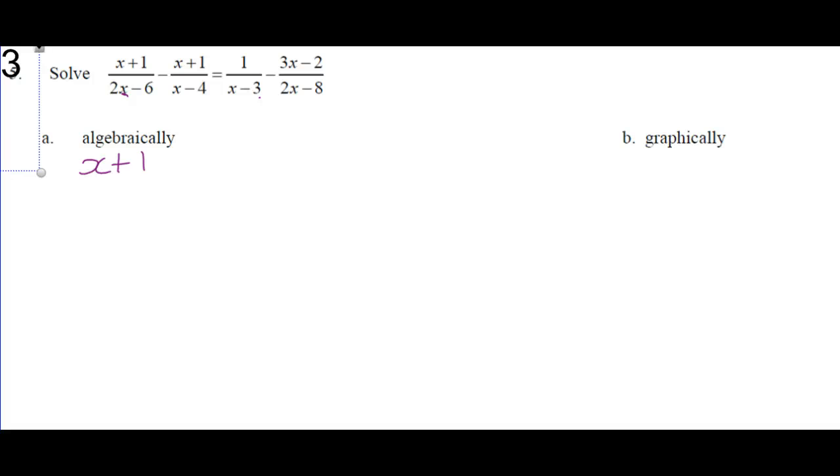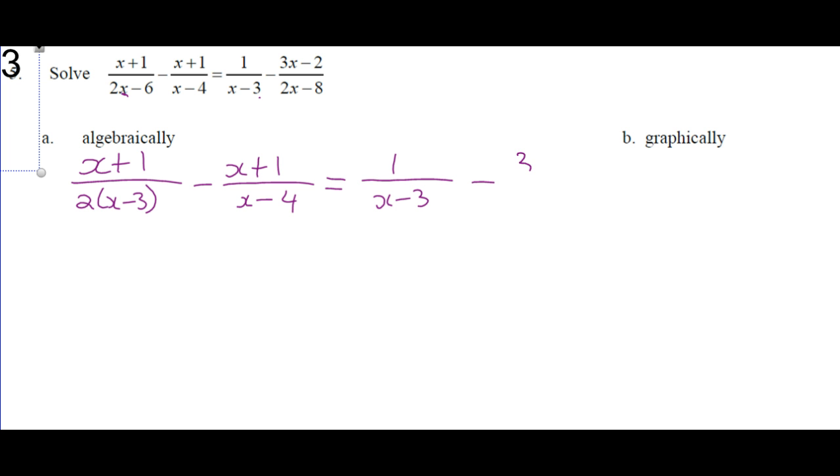Step 1, factor all denominators. State restrictions. 3, 4, 3, 4. So just 3 and 4.